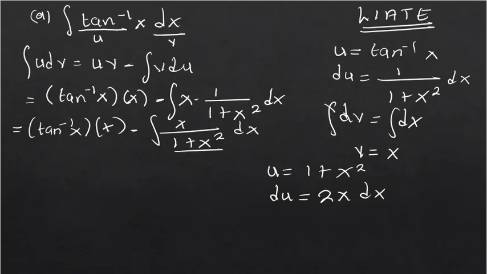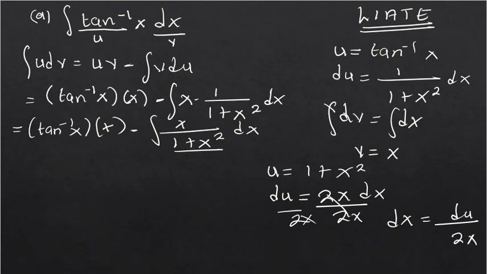So I want to make dx the subject, so I'll say dx is equal to du over 2x. Sorry, this is supposed to be 2x. So having done that, that makes even much more sense, because from here this is dx, that will be equal to du over 2x.